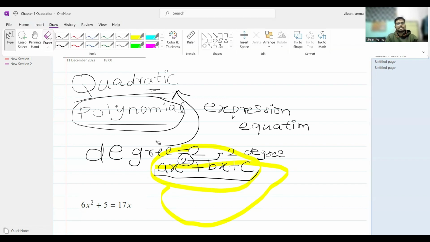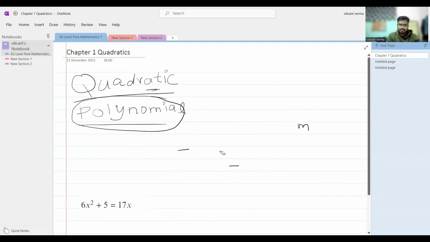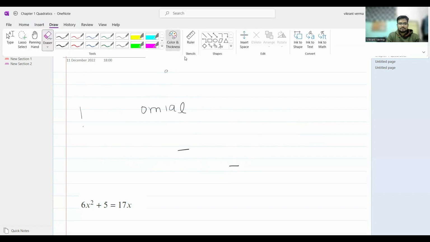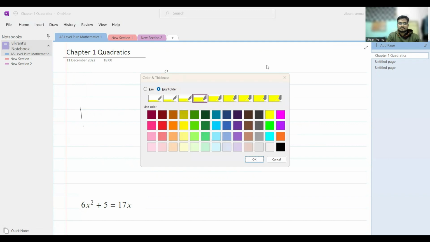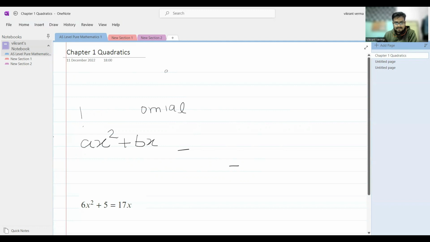For example, if I want to write a quadratic equation, the general form of a quadratic equation will be like this: ax square plus bx plus c equal to 0.